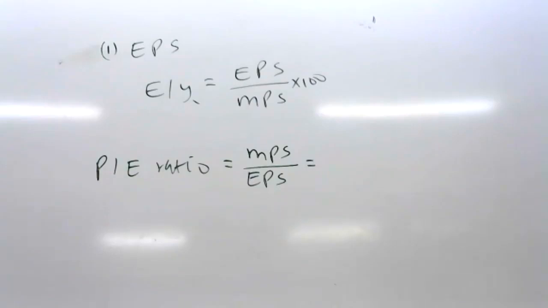So you simply take the market price per share and divide by the earnings per share.